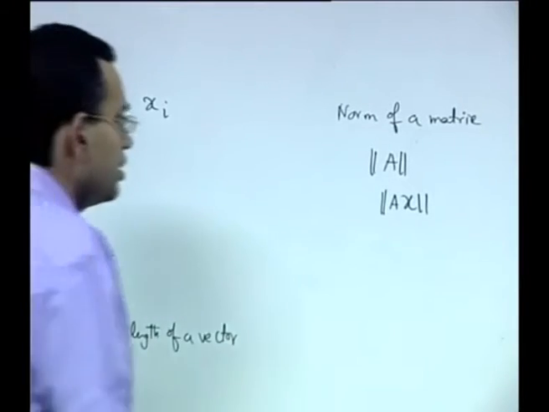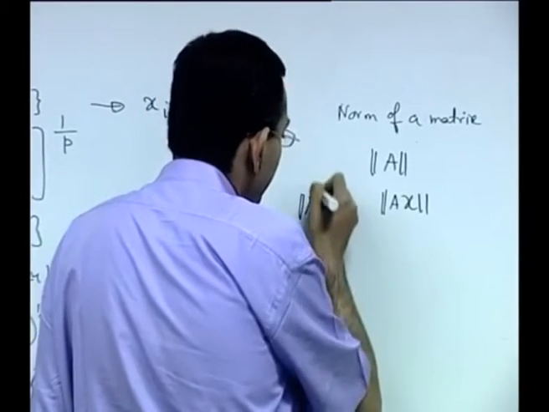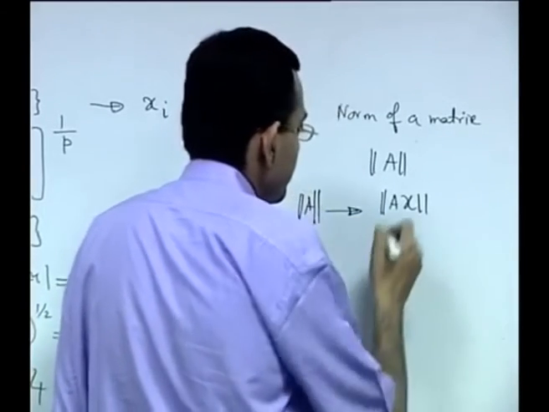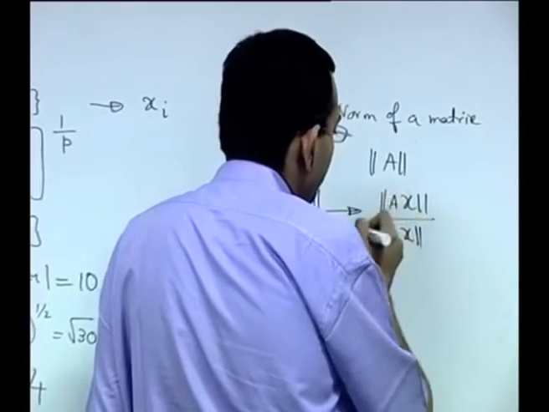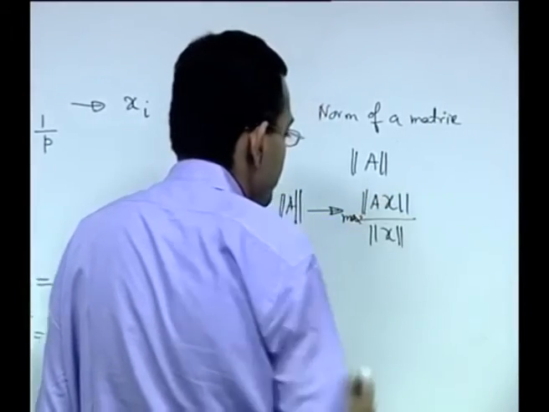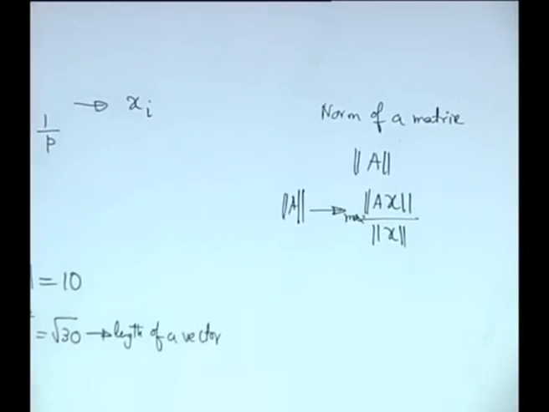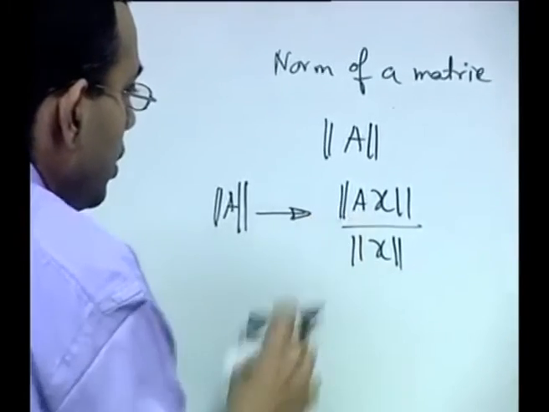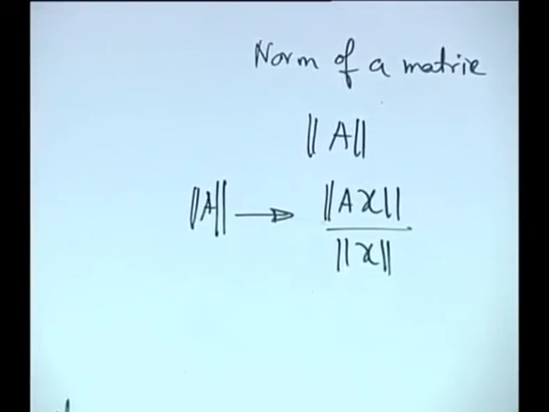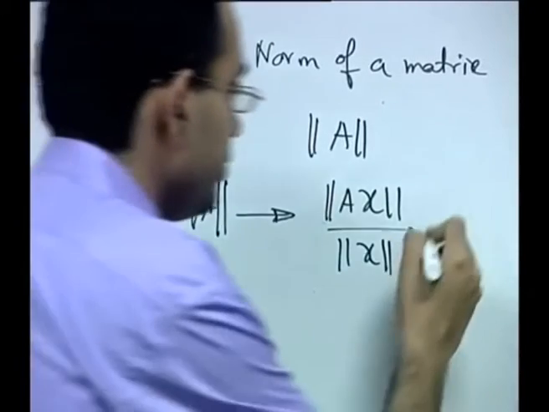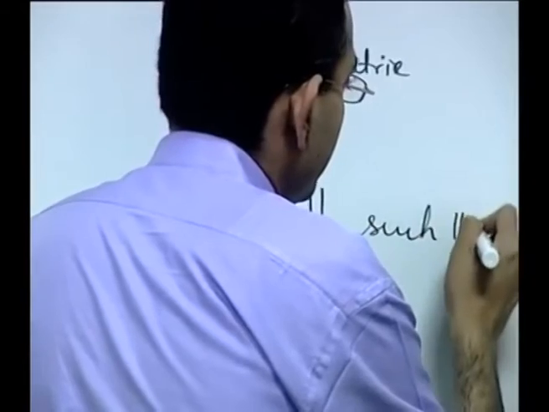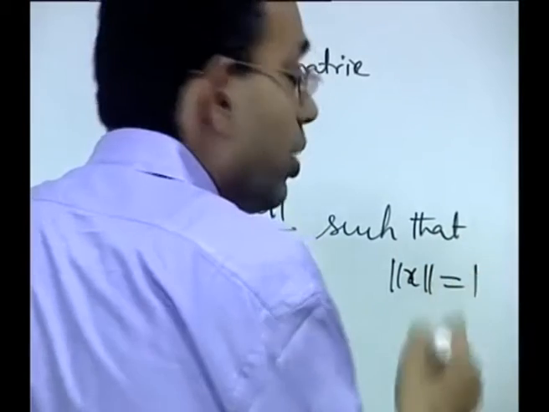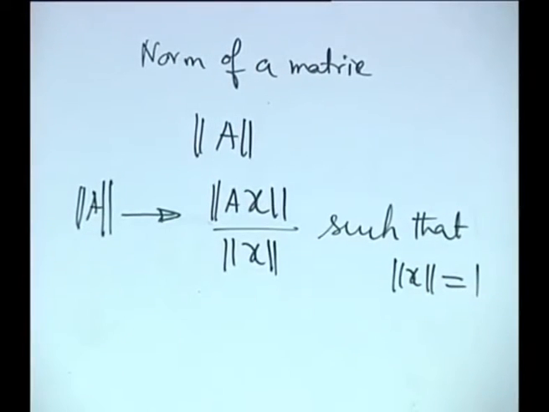So you may define norm of A as norm of Ax by norm of x, maybe the maximum of that, or you may define it in a way such that norm of x is equal to 1, that is, you may normalize it in this way.